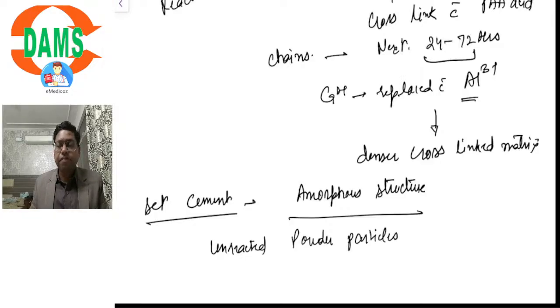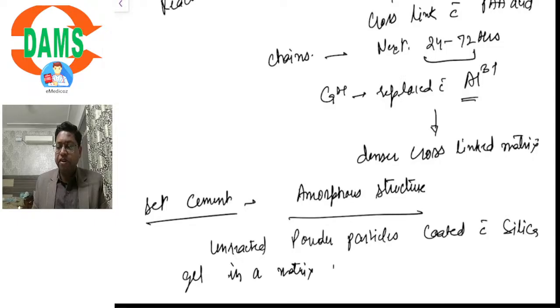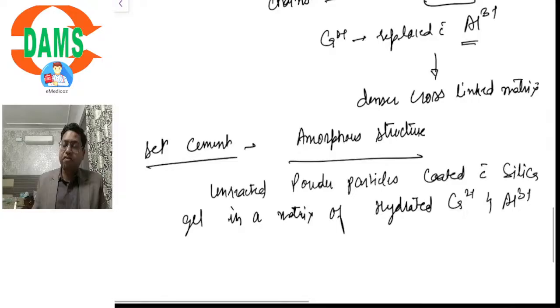There are unreacted powder particles which are coated with silica gel, and they are present in a matrix of hydrated calcium and aluminium polysalts. So this is the set structure of a glass ionomer cement.